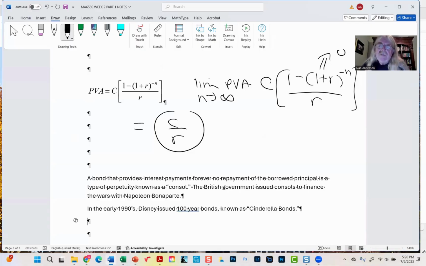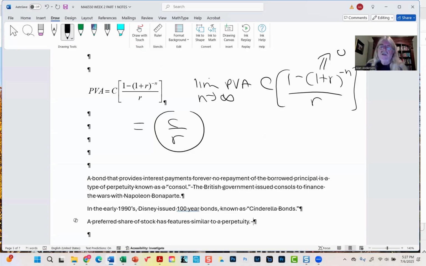Now, another area where this will show up later on is that a preferred share of stock has features similar to a consol or a perpetuity. Because what happens with a preferred share of stock is that you're basically getting a more or less predictable stream of dividend payments, but you're not getting a whole lot of opportunity for capital gains.